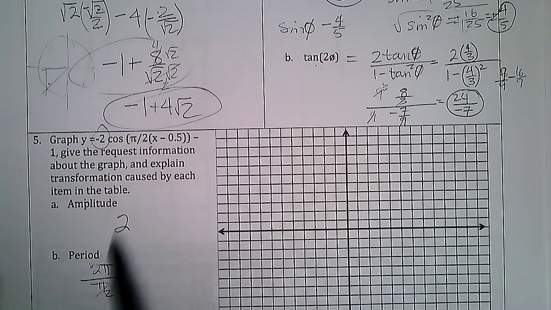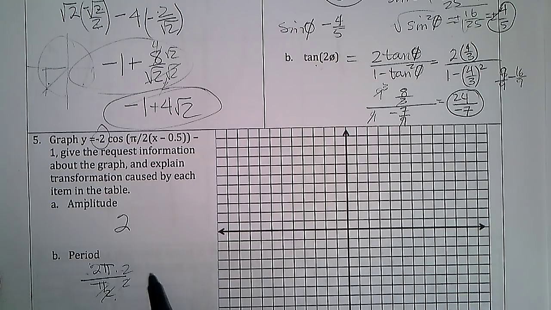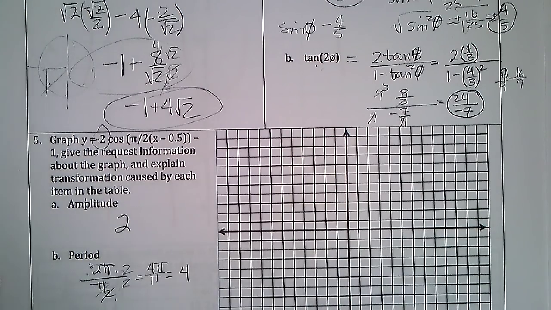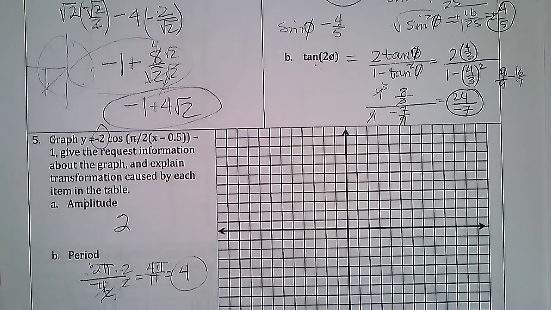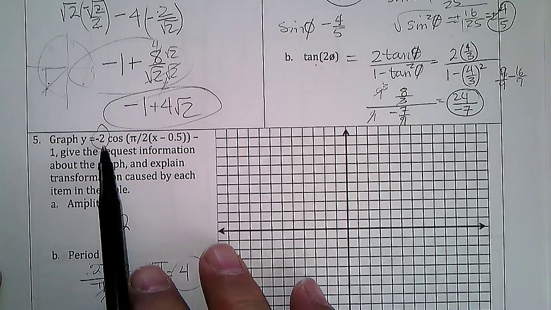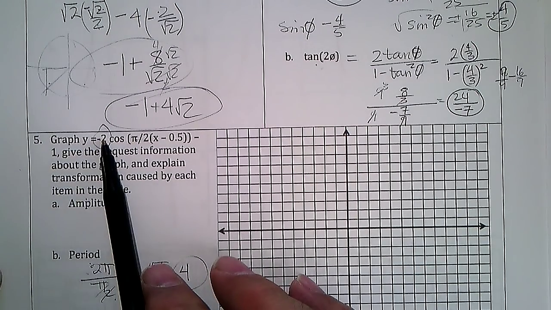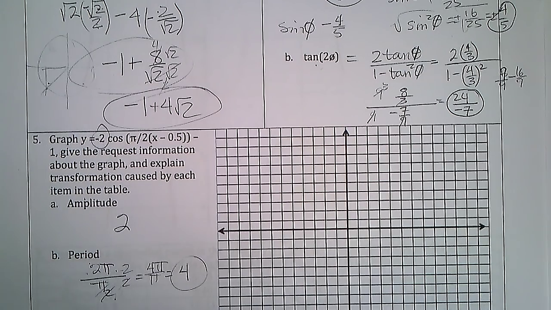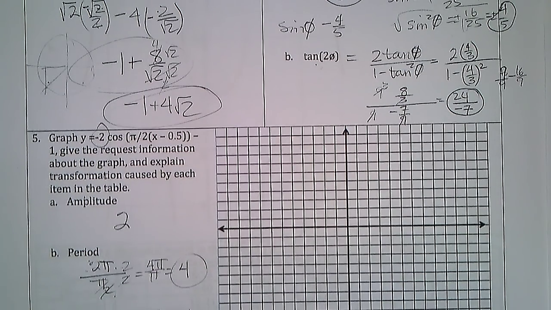If I multiplied numerator and denominator by 2, I'd get 4 pi over pi, which is 4. So the period is 4. And the transformations, so this is flipped, transformations, not just translations.